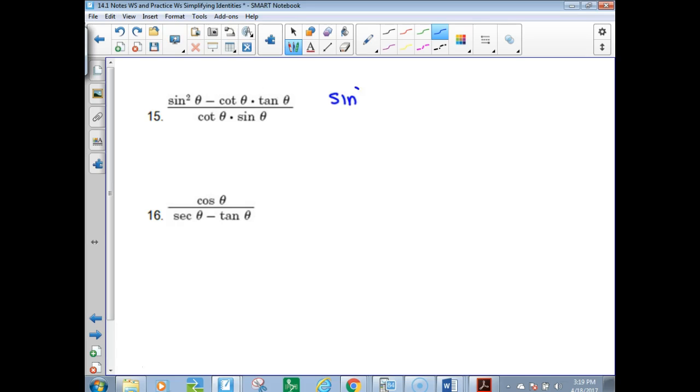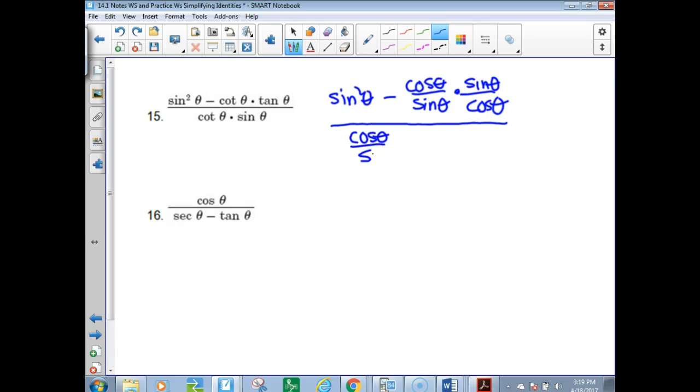So I'm going to rewrite sine squared theta minus, and then tangent is sine over cosine. And on the bottom, cotangent is cosine over sine times the sine. Okay, let's see what we got.